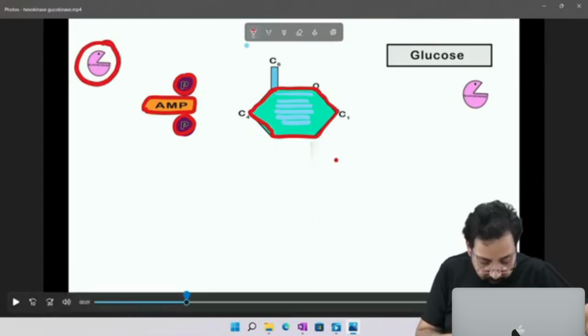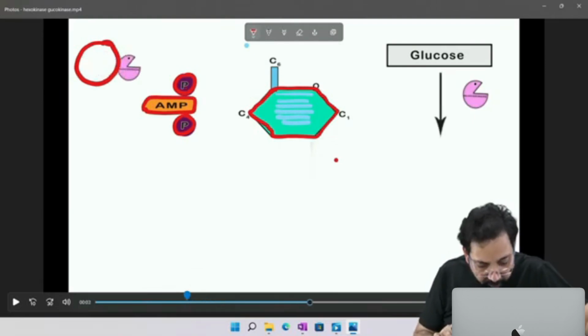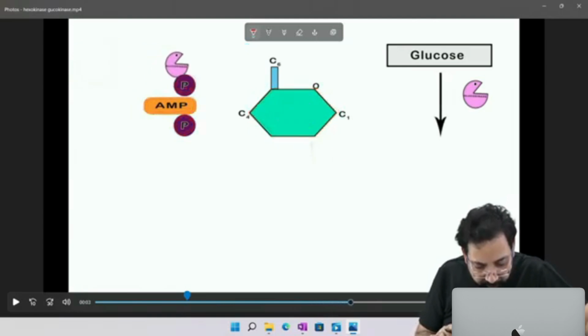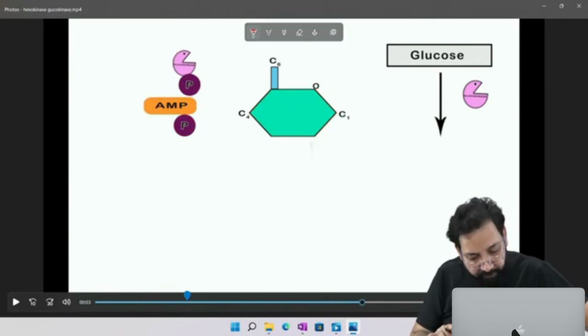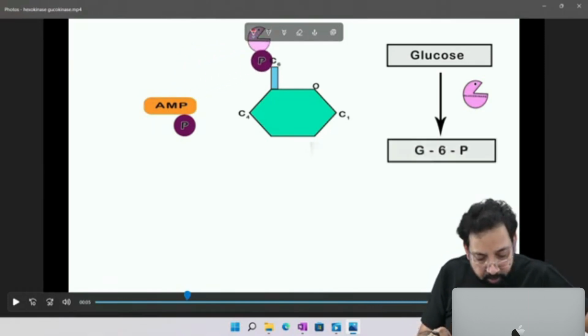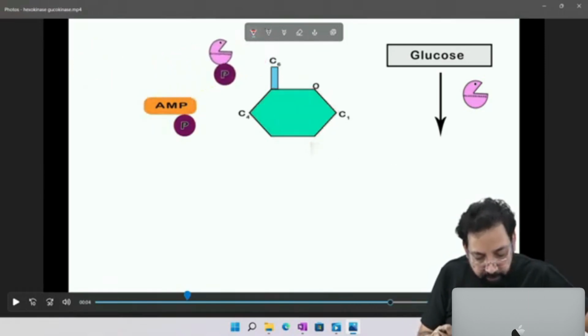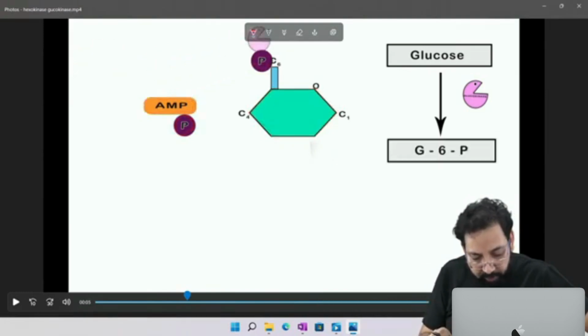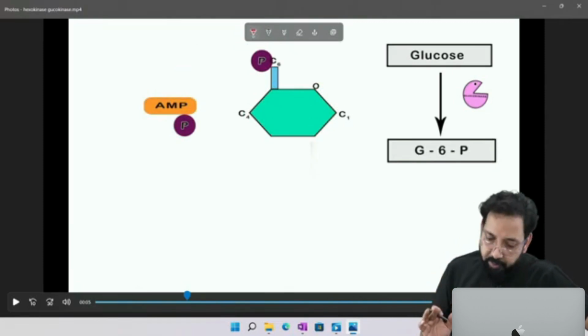What is the function of this hexokinase or glucokinase? Look at the screen. Hexokinase will come and take phosphate from ATP and give it to glucose. It will transfer phosphate from ATP to glucose, and glucose will be converted to glucose 6-phosphate.